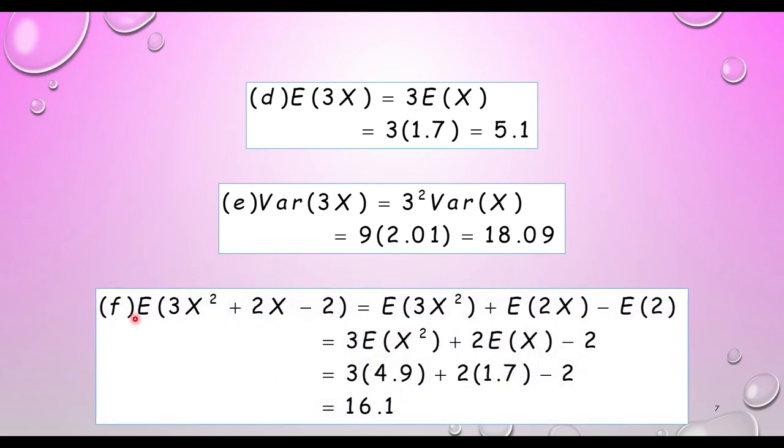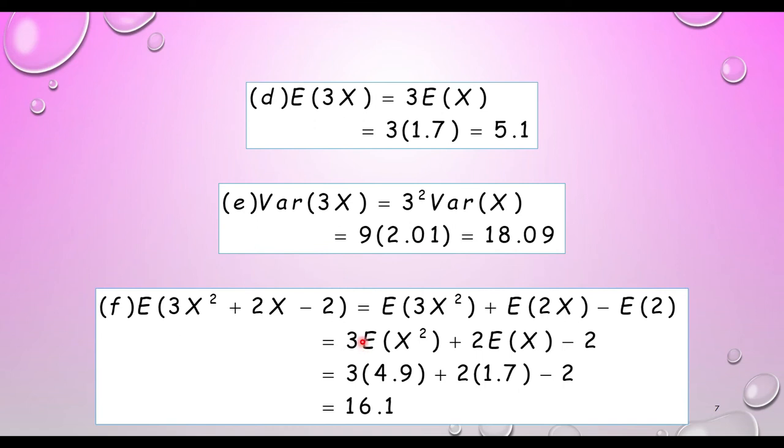F, expected value for 3X squared plus 2X minus 2. By using the properties, you can separate into 3 terms here. There is expected value for 3X squared plus expected value for 2X minus expected value for constant 2.